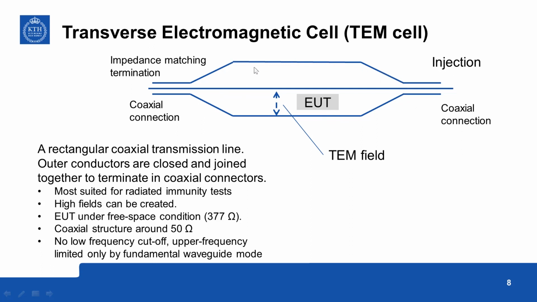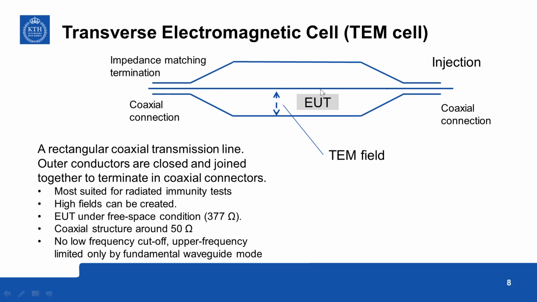a rectangular metal chamber. Towards the end it is tapered, and it is covered all along, so it completely blocks all the outside fields. The tapered sections are terminating into round coaxial connections on both sides.